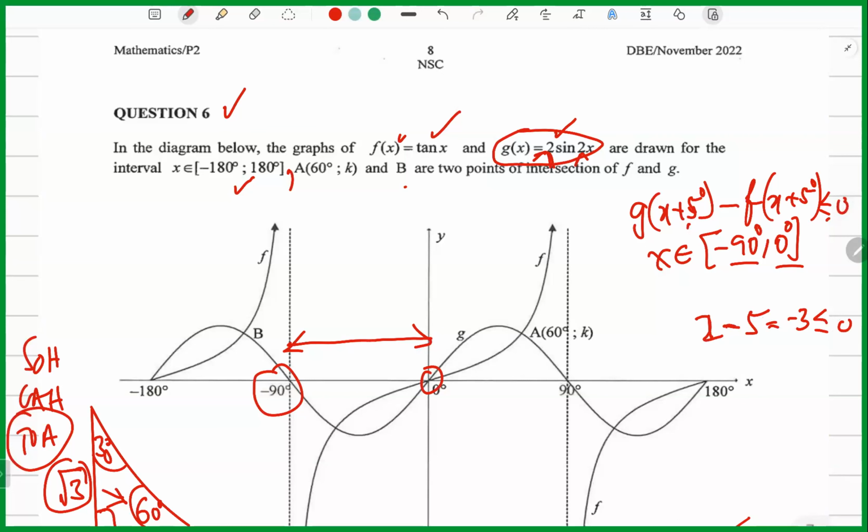Okay, right. So now we are saying the function g is this one and the function f is this one.